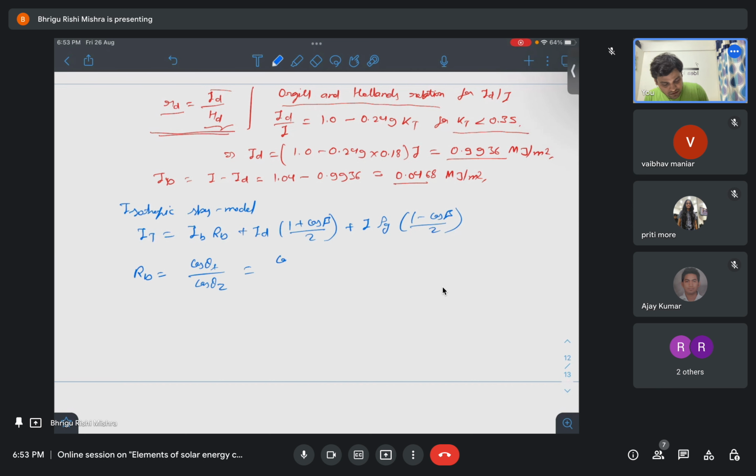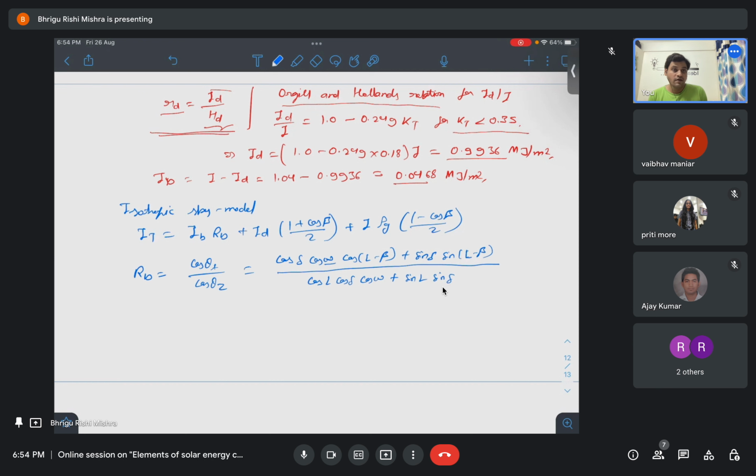So it is cos delta cos omega cos (L minus beta) plus sin delta sin (L minus beta), divided by cos L cos delta cos omega plus sin L sin delta. Now we have all the values L, delta, beta, but what about omega?